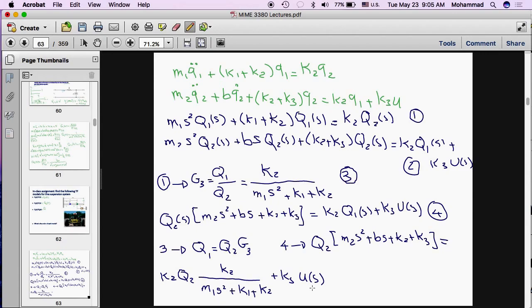It seems complicated, but we are there. We now have one equation that has both Q2 and U in it. So we can establish the ratio between Q2 as output and U as input.